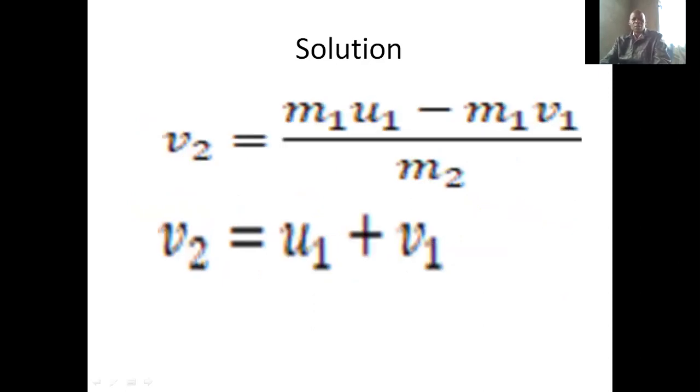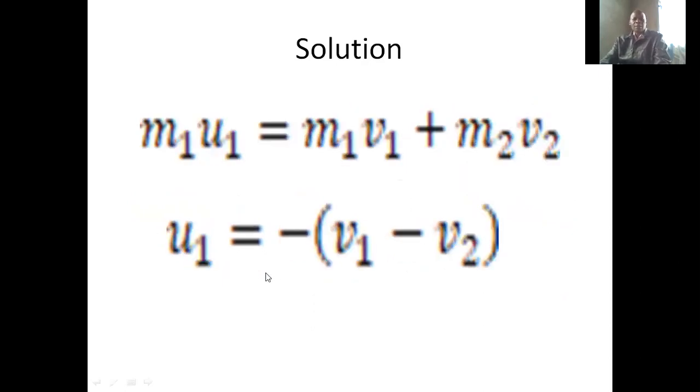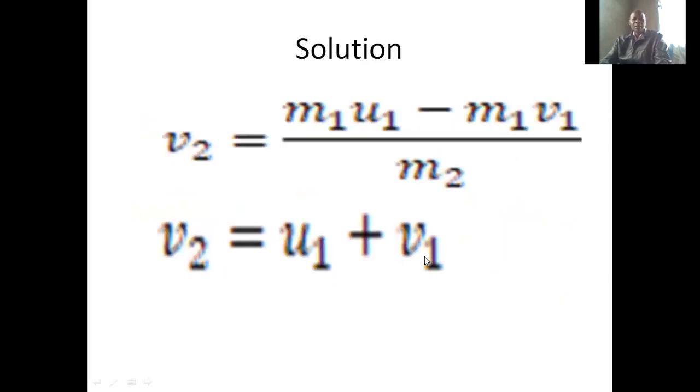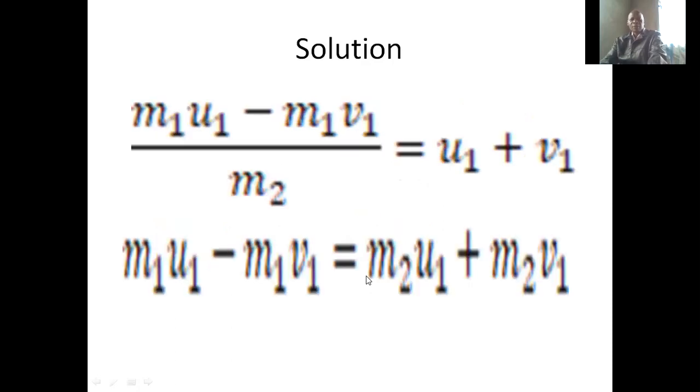Similarly, for this other equation, you can make v2 the subject of the formula, and what you get is v2 is equal to u1 plus v1. Since v2 is equal to this and v2 is equal to that, you can equate them. It means that this one is equal to this other expression. And this is what we have done here.